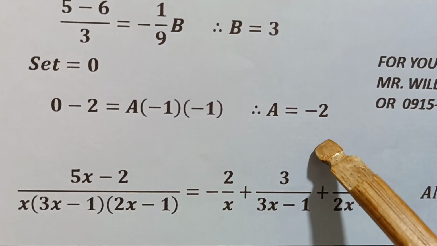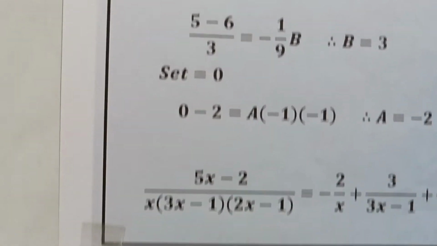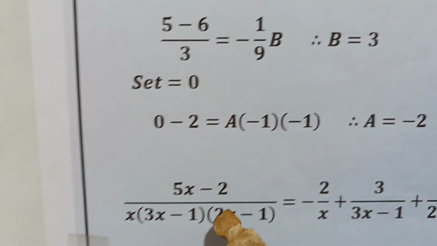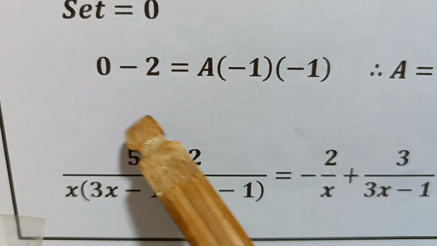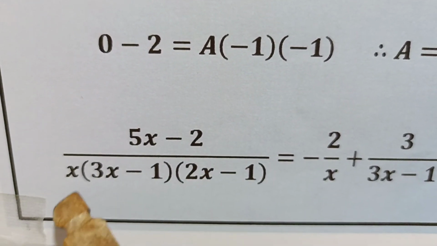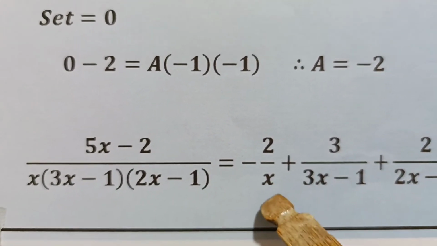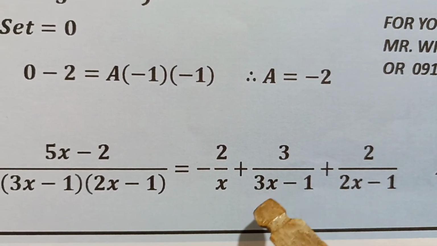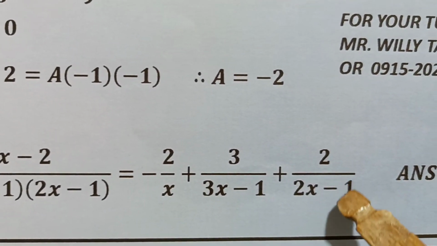Now the value of a is equal to negative 2, b is equal to 3, and c, as we have found, is equal to 2. So our answer will now be the partial fraction decomposition of this problem here: (5x minus 2) over x times the quantity (3x minus 1) times the quantity (2x minus 1) is equal to negative 2 over x plus 3 over (3x minus 1) plus 2 over (2x minus 1).